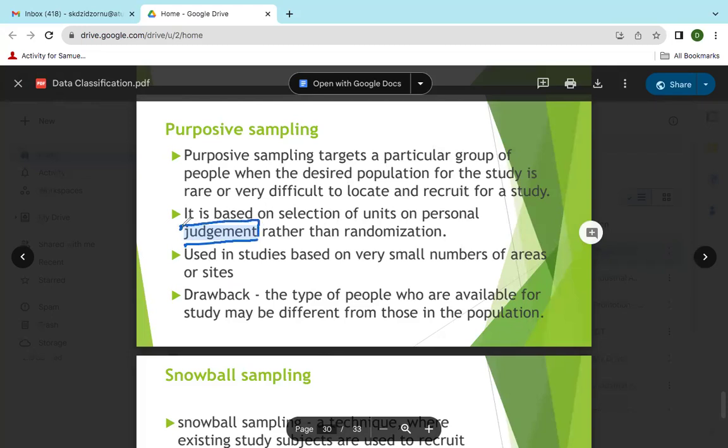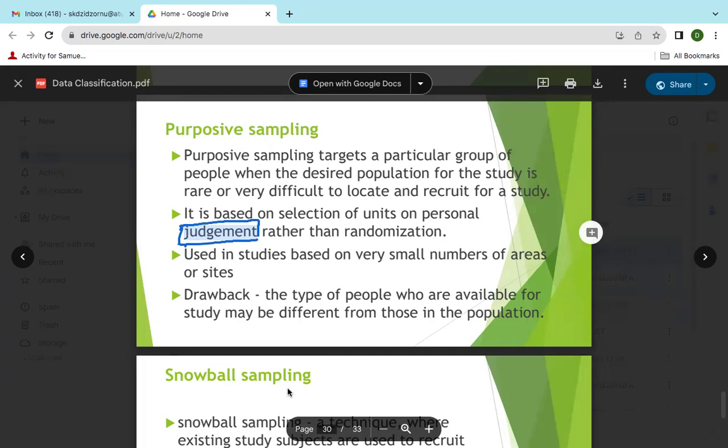We are deciding. I'll give you an example of purposive sampling. Supposing that the government wants to conduct a study to take constructive opinions from Ghanaians on the free senior high school policy.